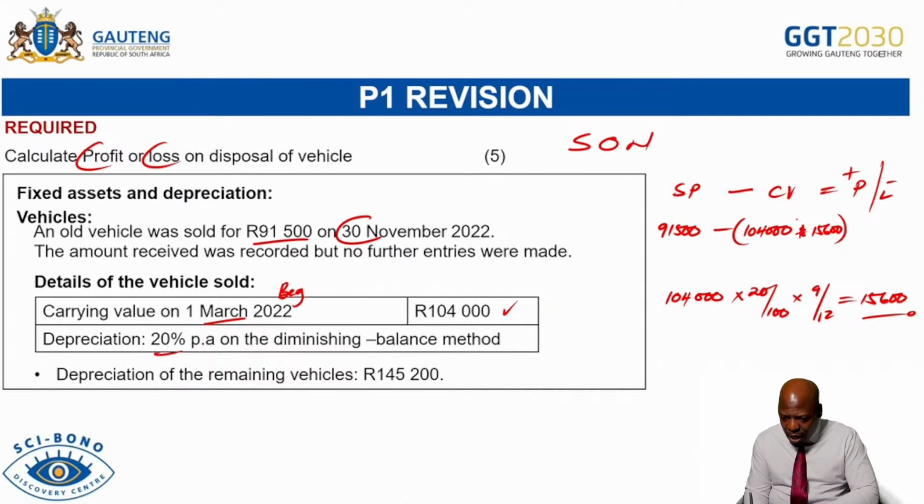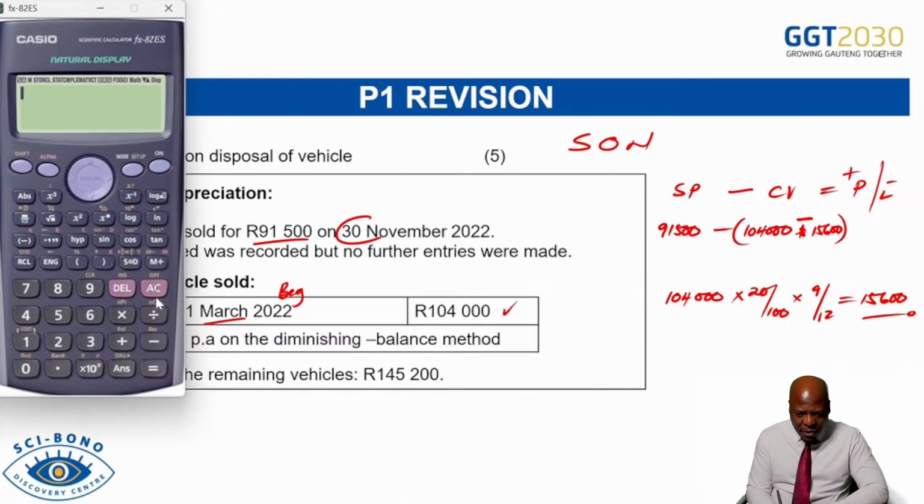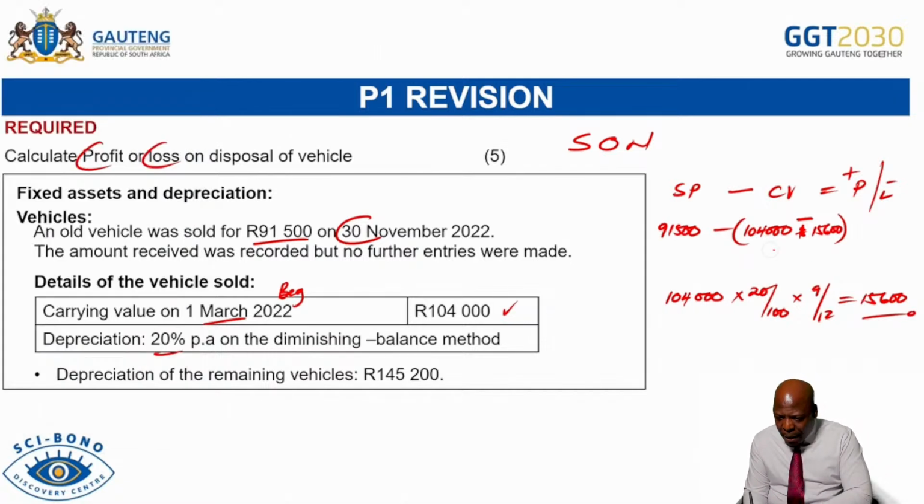I'm subtracting from the carrying value because it's depreciation. It is 104 minus 15.6, and that will give me 88.4. So my new carrying value is 88.4, my carrying value on the date of disposal.